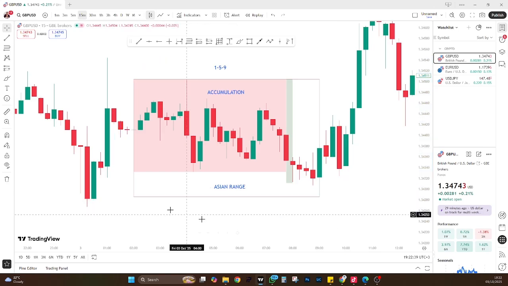Number one, you mark the interim Asian ridge, and the interim Asian ridge is from 2 a.m. to 7:50 a.m. That is East African time.